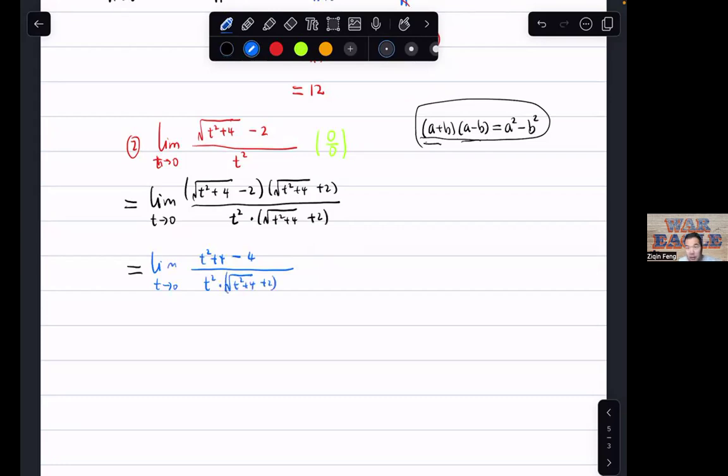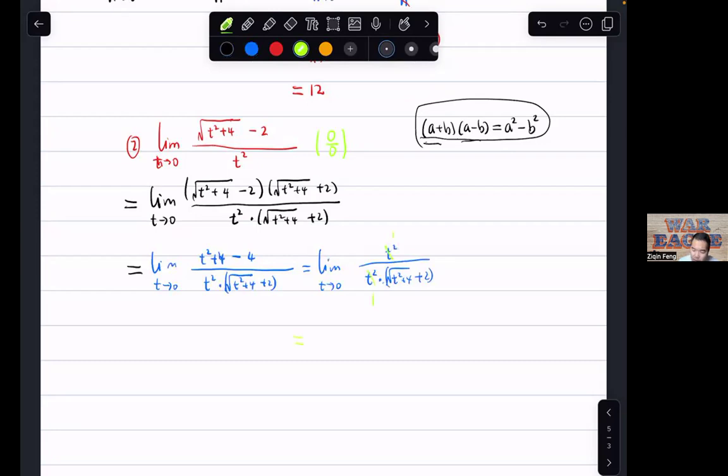Now the numerator is basically t squared after simplification. So as t goes to 0, t squared over t squared times square root of t squared plus 4 plus 2. This factor here, they cancel each other, right?